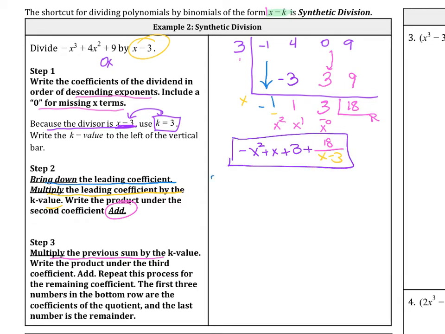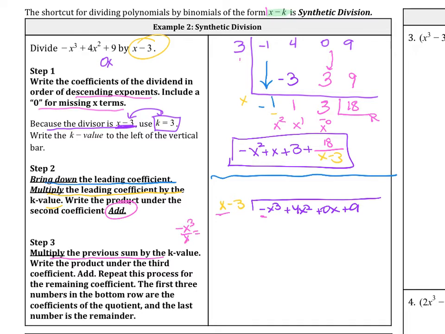Now let me prove it to you by doing long division of this same polynomial so you can see that it does work. So our divisor is x minus 3, and our dividend is negative x cubed plus 4x squared plus 0x plus 9. So let's do long division again. So first terms, negative x cubed over x is a negative x squared.